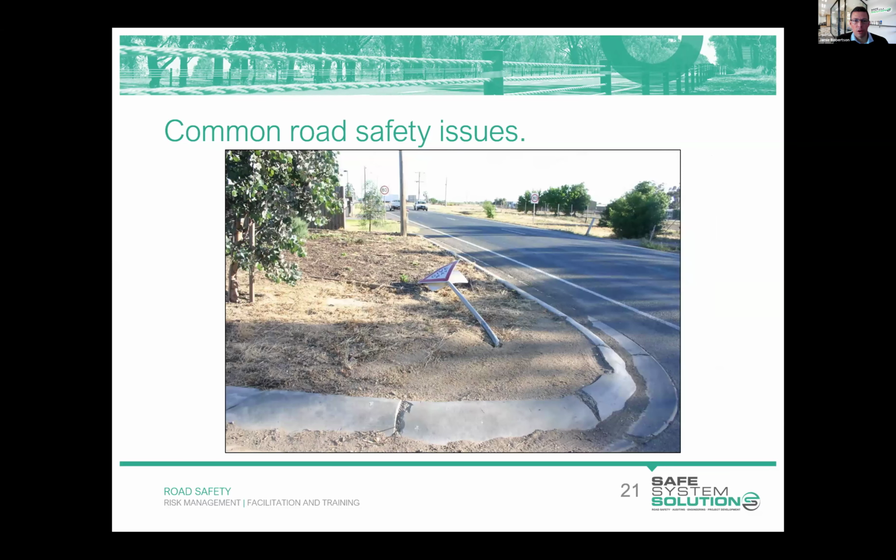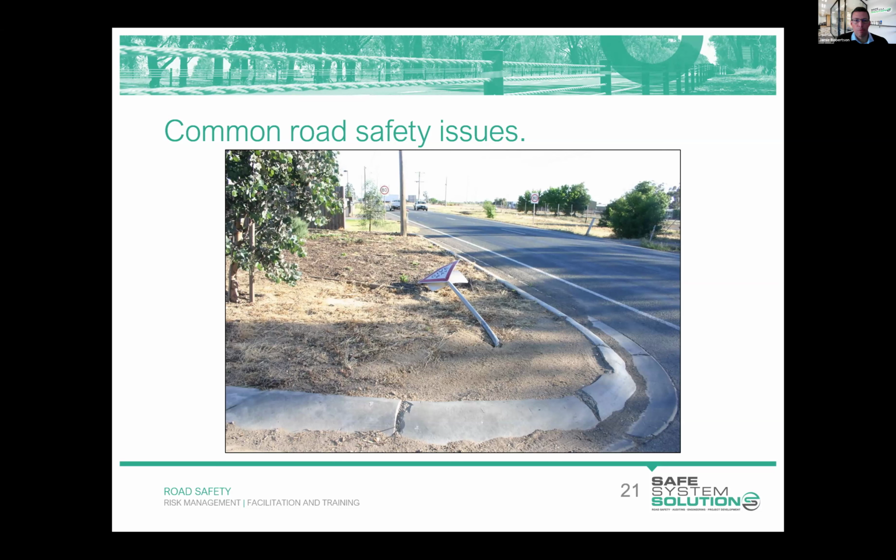We see lots of signs like this one knocked down, and it can be an indicator of a lack of space for turning vehicles. Not sure quite what's happened here, whether it was a turning vehicle or someone that's departed the road travelling along it. Another common example is a keep left sign or a hazard marker sign that's been knocked down on a splitter island.